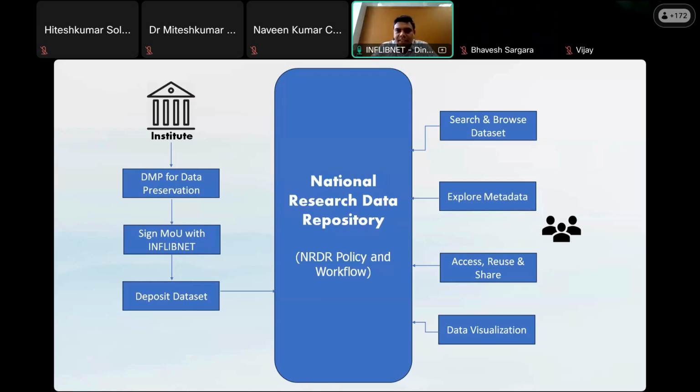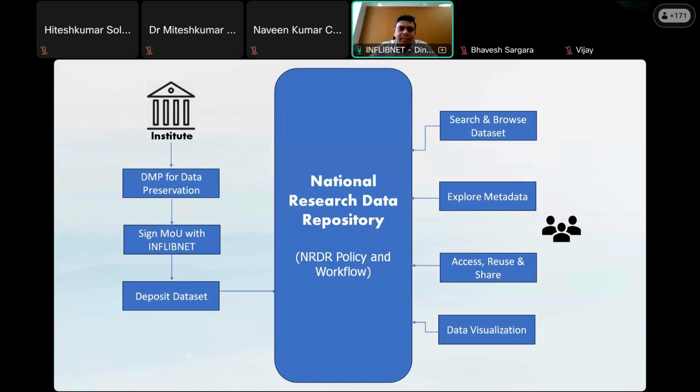So what is the basic framework of this National Research Data Repository? We are still in the policy making stage. We have prepared some policies on how the repository will operate, how people can submit data, and how it can be made available to different stakeholders.